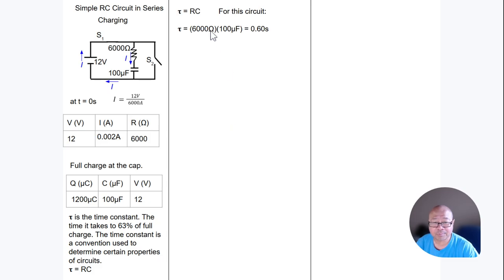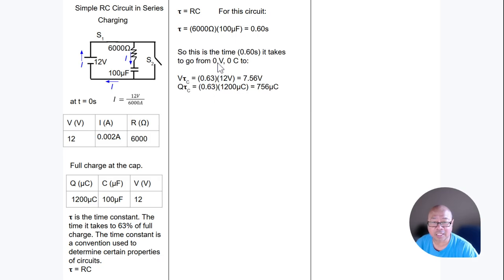Now, this capacitor sees the 6,000 ohm resistance, and we multiply it times its own capacitance to get 0.60 seconds. Remember, that's not the total time it takes for this capacitor to get fully charged. It's only 63% of that.